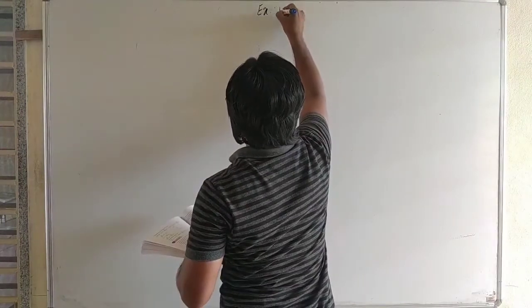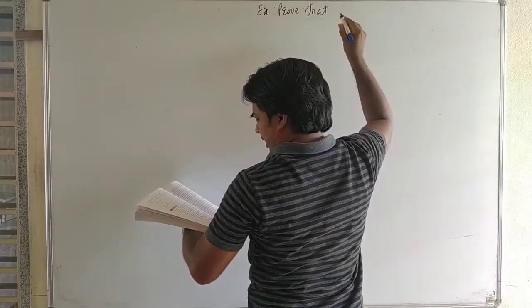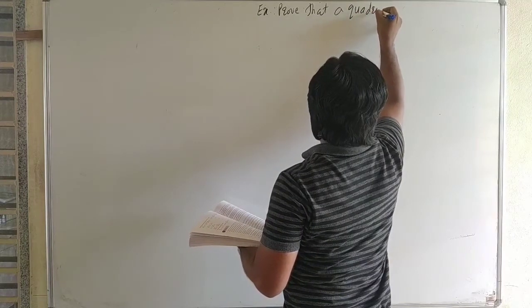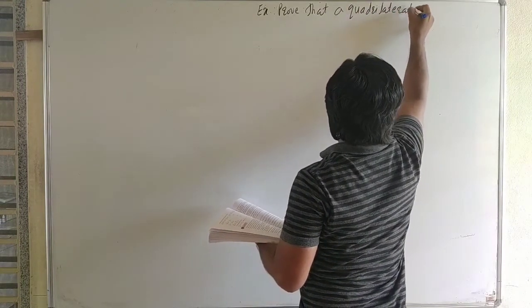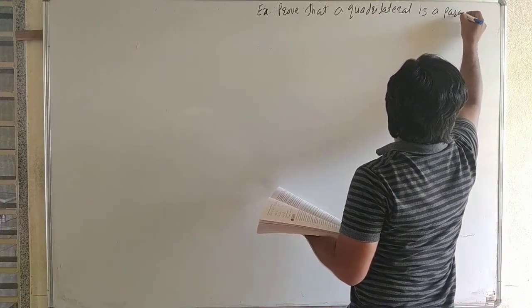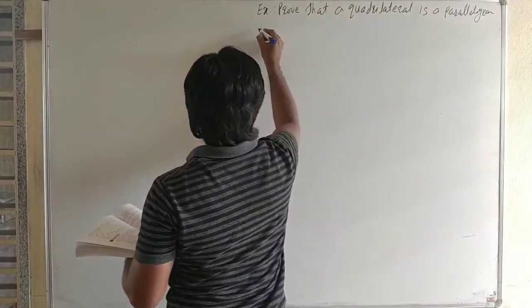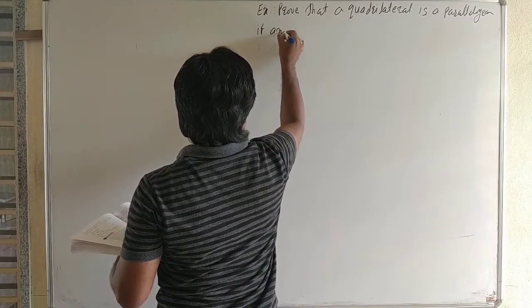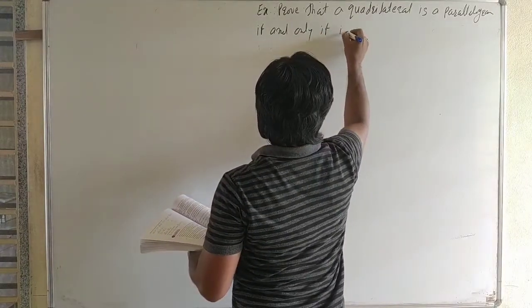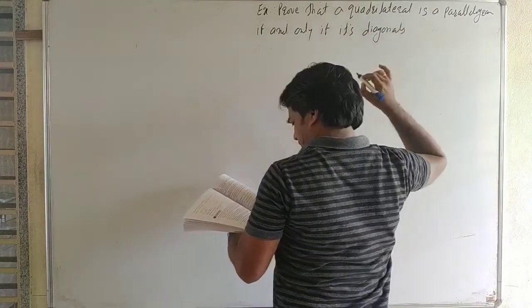Prove that a quadrilateral is a parallelogram if and only if its diagonals bisect each other.